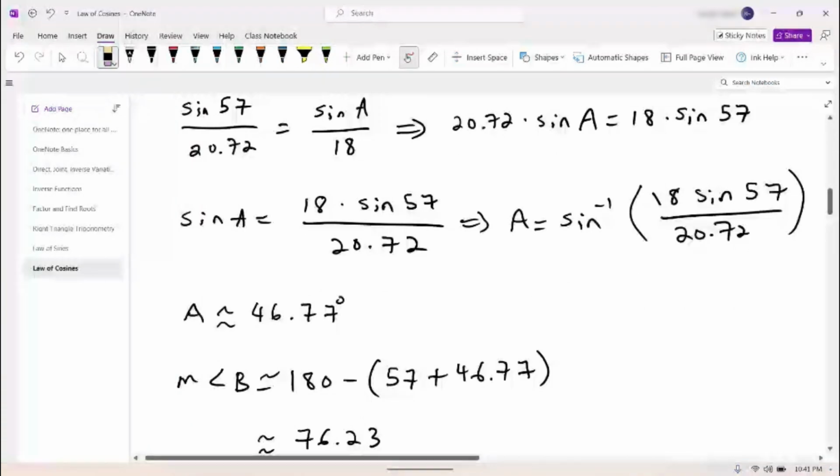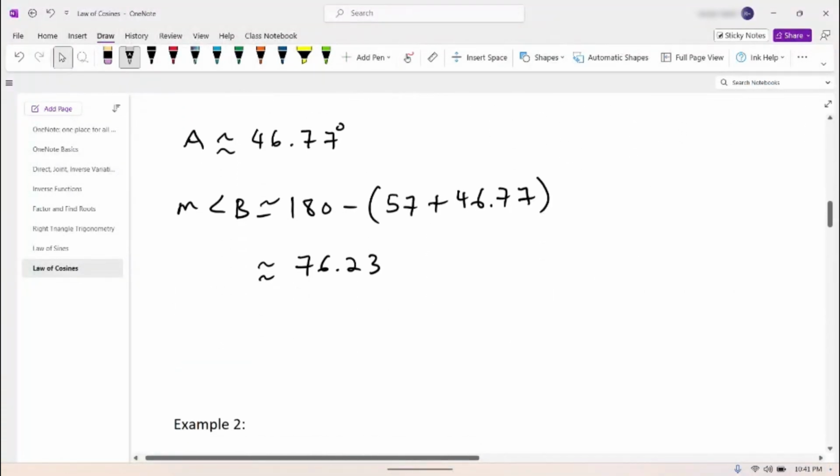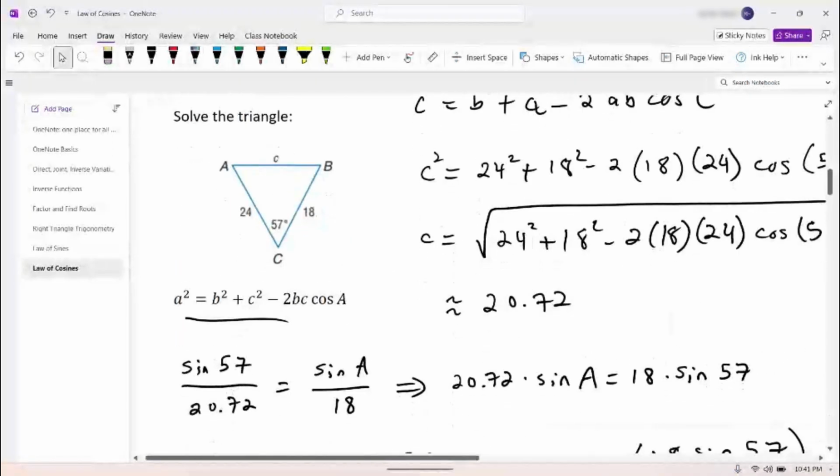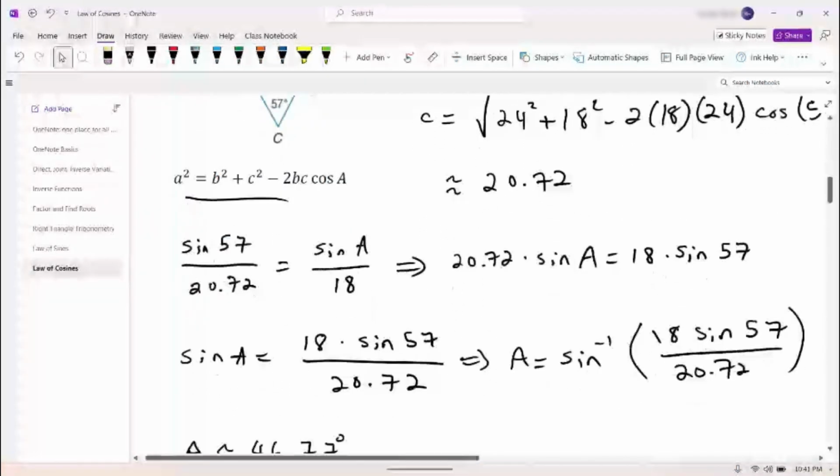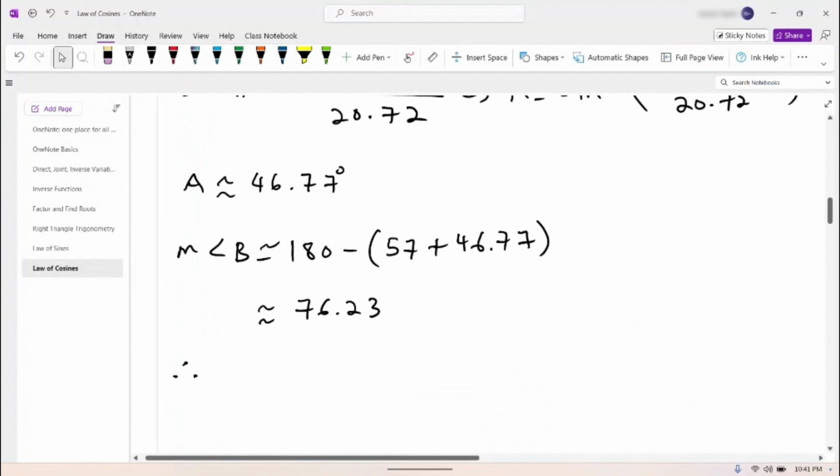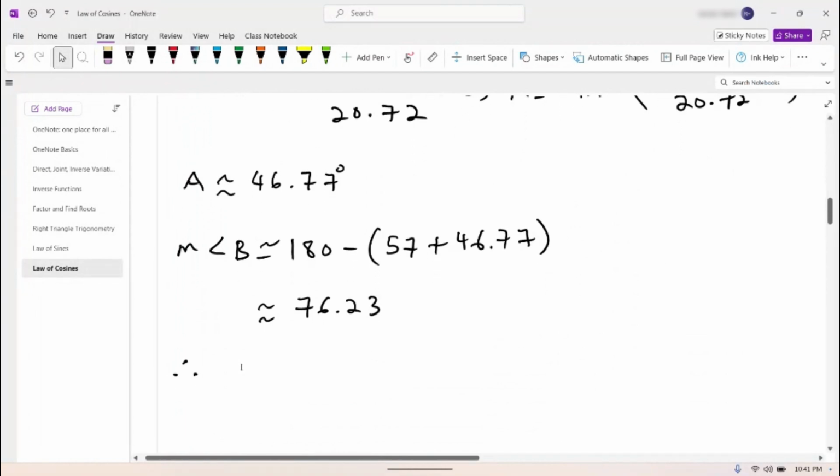Let's erase that. So, what did we find? I always like to put in our conclusion what we just found out. First, we found length c, then we found angle A, and then angle B. So length c, lowercase c, equals 20.72.